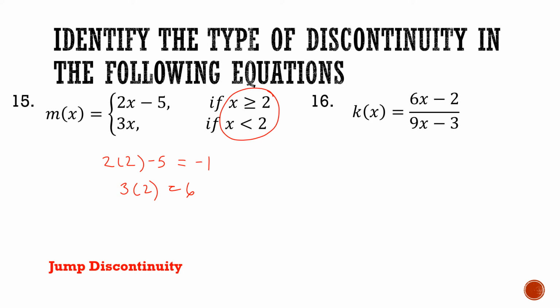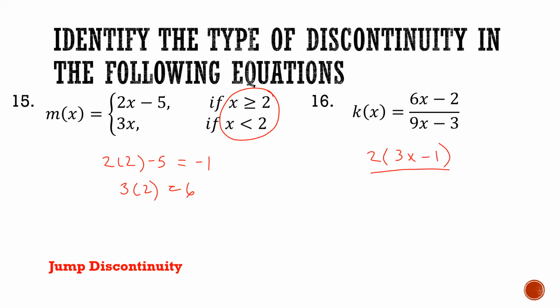The next one looks a little weird. Again, it's a rational. Usually with rationals, I'm thinking there's some sort of asymptote, like an infinite discontinuity, but I have to check to make sure that I do not have any holes in my graph. So I've got to check that. All right, so what I'm going to do, like we do with most rationals, is try to factor it. On the top, I'm going to factor out a 2, and I get 3x minus 1.